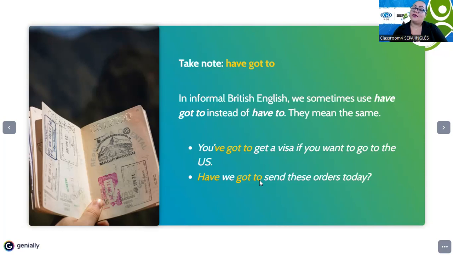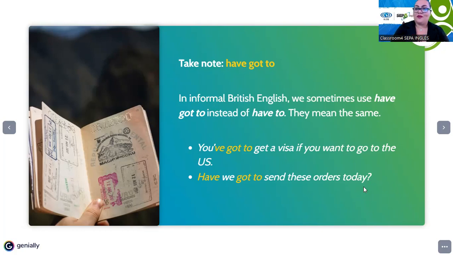Have we to send these orders today? No, in this case we use, do we have to send these orders today? Of course, because the auxiliary for present is do. So the correct one would be, do we have to send these orders today?